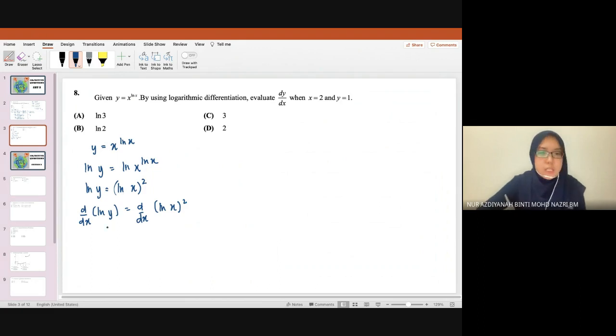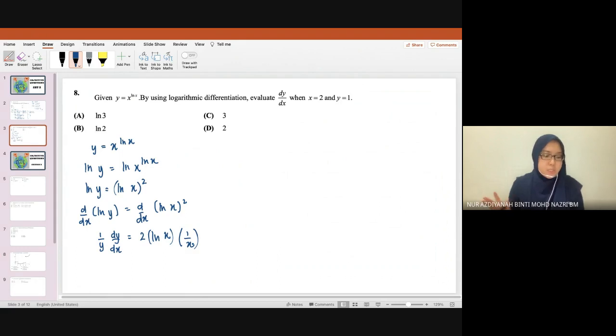Okay, so differentiate left hand side, differentiate ln y, kita akan dapat 1 over y. Okay, kita buat implicit dy dx. Okay, right side ni pula kita akan dapat 2. Okay, and then salin balik this one. So by using power rule, so 2 ln x, lepas tu darab dengan 1 per x. Okay, so yang ni tak boleh simplify ya, x dengan 1 over x kat sini.